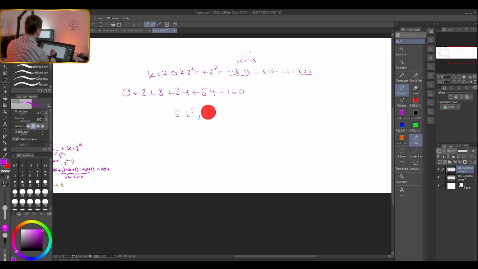The next one will be 6 times 2 to the power of 6. 2 to the power of 6 is already 64, and 64 times 6 is 384. Then 7 times 2 to the power of 7; we already calculated it will be 896.